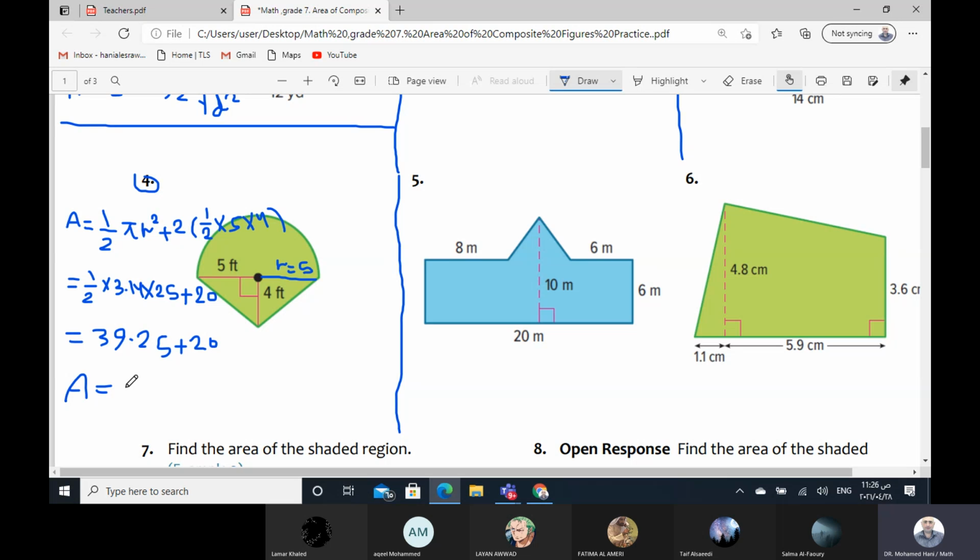So the answer will be 59.25 feet squared.